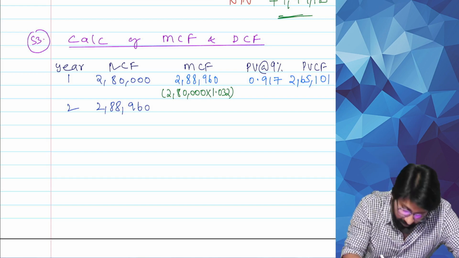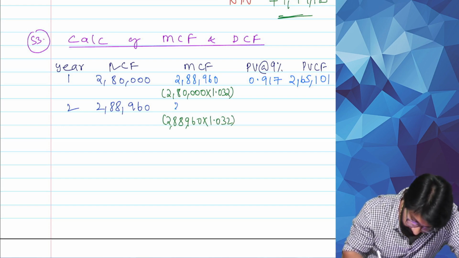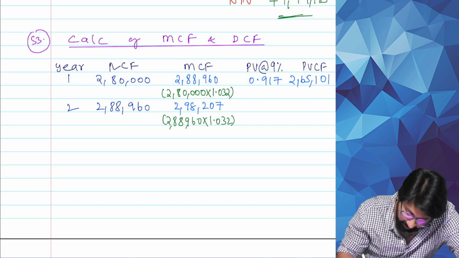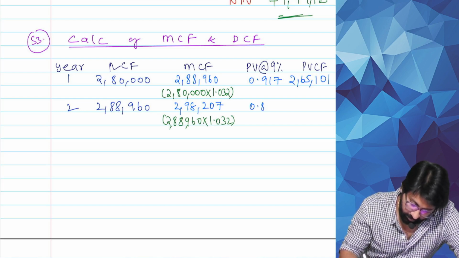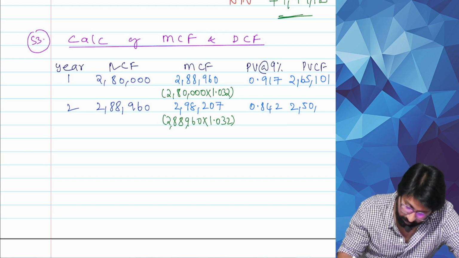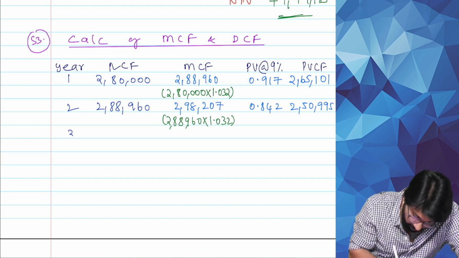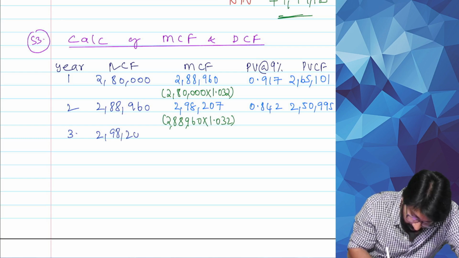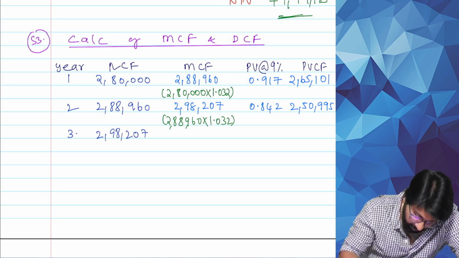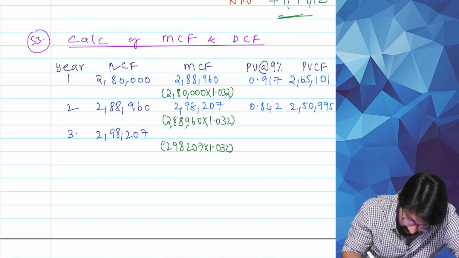Listening, everyone. Tell me. 288,960 into 1.032. 2 lakh 98,207. PV factor value. Third year, do like this. 298,207 into 1.032 value, please.